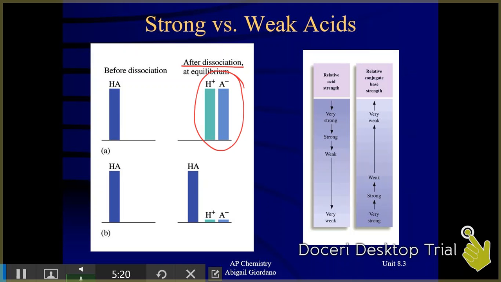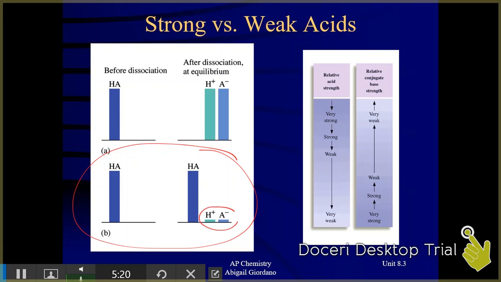So what's represented up here is a strong acid, whereas down here is a weak acid. And if you'll notice, after dissociation, does the acid dissociate some? Yes, but not very much. Very, very little. Most of a weak acid remains in its intact form.